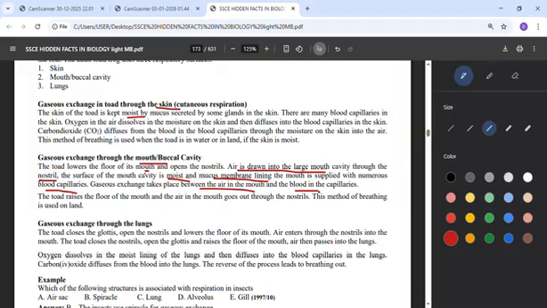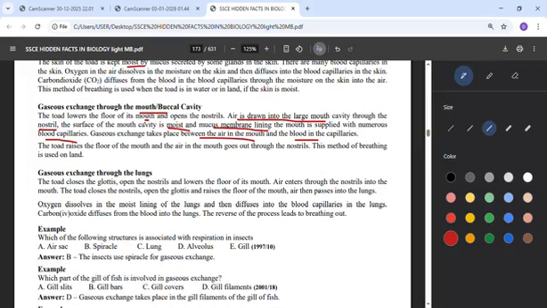Now we also have human lungs and some mammalian lungs. So how do they respire? This one is still the lungs of the amphibians. The toad always closes the glottis. Glottis is just a part that separates the passage of food from the passage of air.